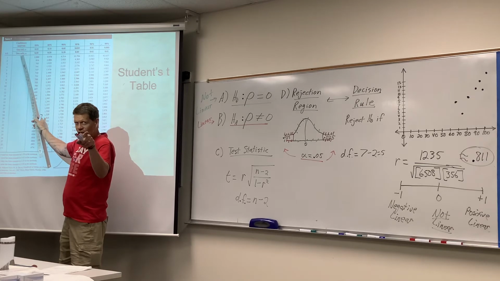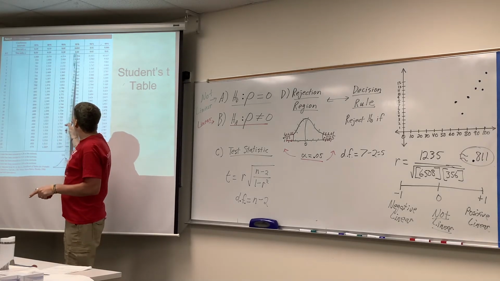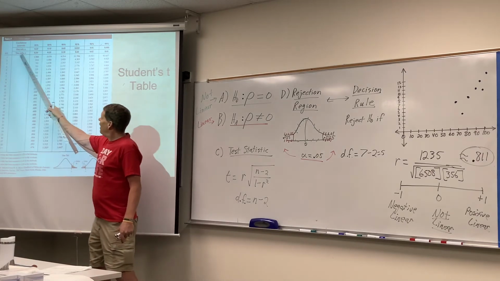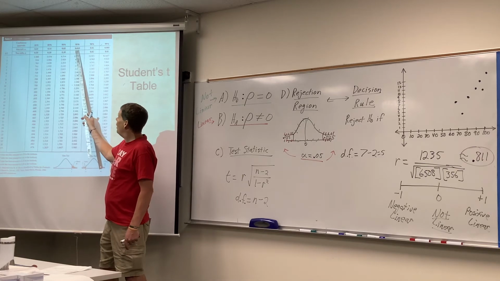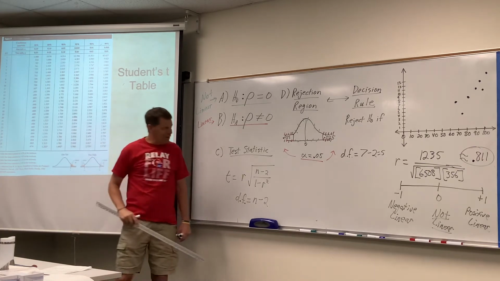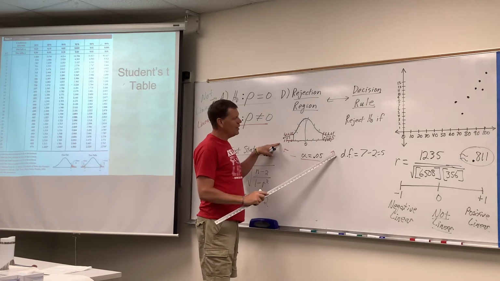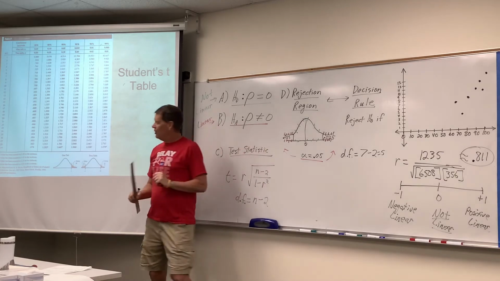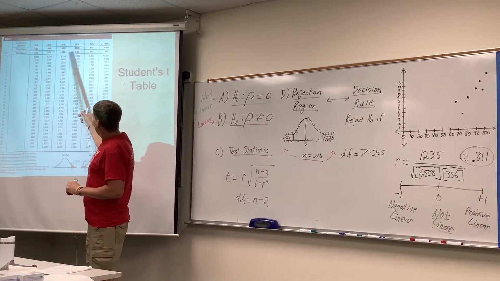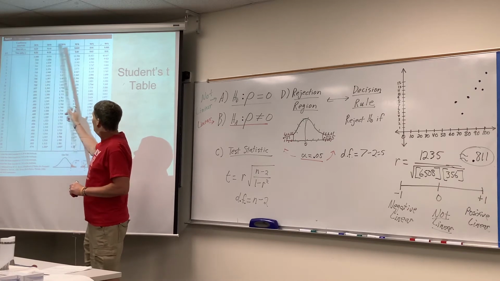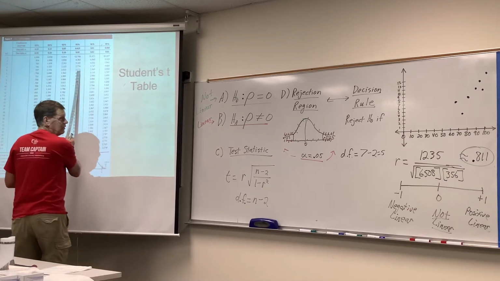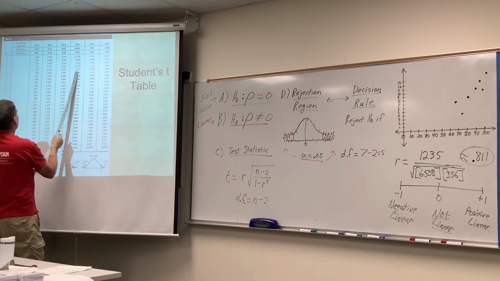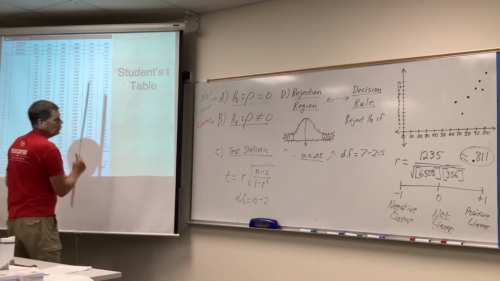Aha, because it's a two-tailed test, and 5%. A 5% two-tailed test is the same column as a 2.5% one-tailed test, because 5% split between 2 tails is the same thing as 2.5% in each one tail. So either way you want to interpret that, it's the same column, and didn't we say 5 degrees of freedom? So that looks like 2.571.